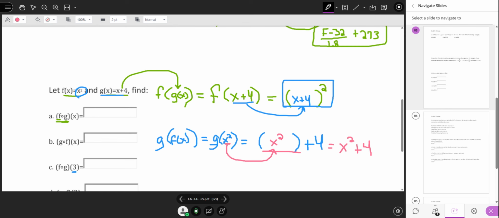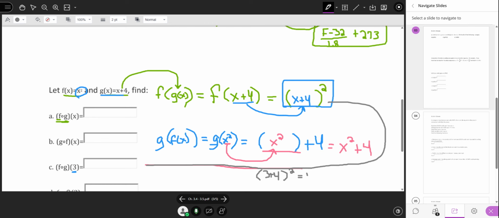Now, for part C, I put 3 into this equation. So 3 plus 4 and square it.